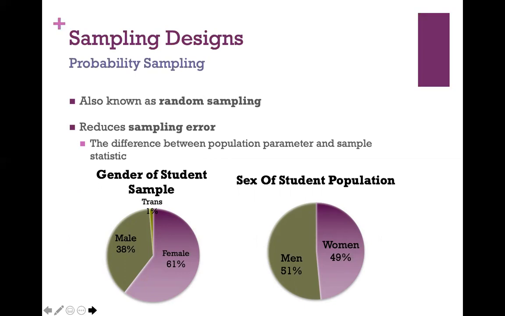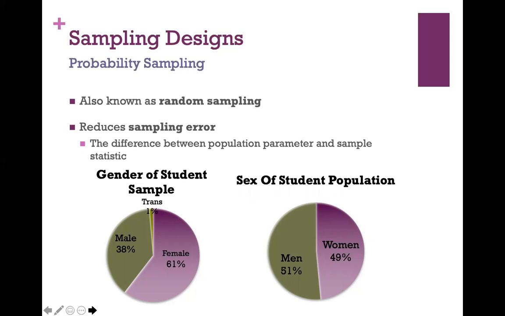So it reduces the chance that there's meaningful differences between who you sampled and the population you were trying to generalize to. And that's because statistically speaking, if we randomly sample from an entire population, that sample we get should be representative of that larger population. And one of the ways that we can examine this is by comparing our sample statistics to our population parameters.